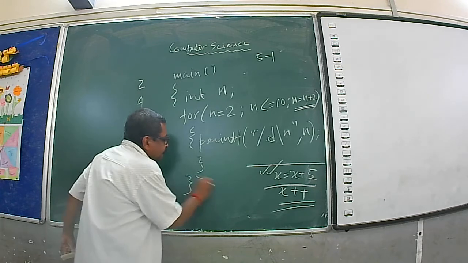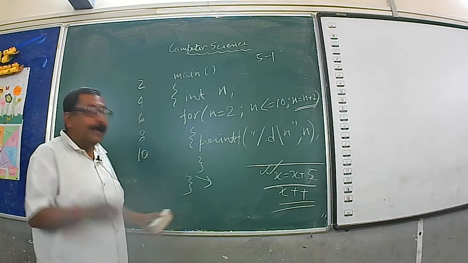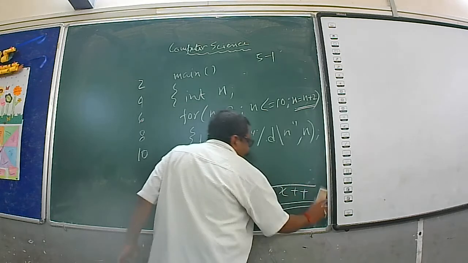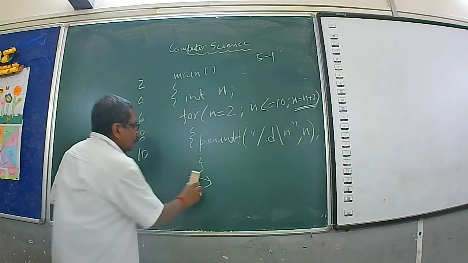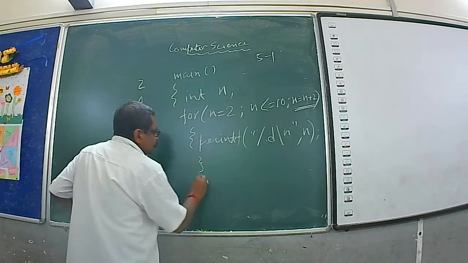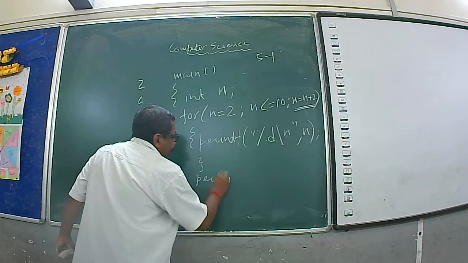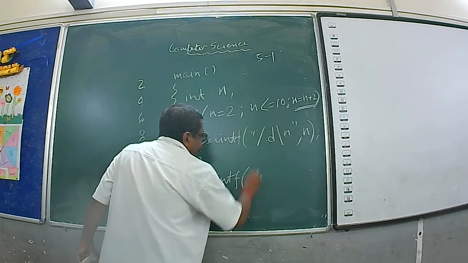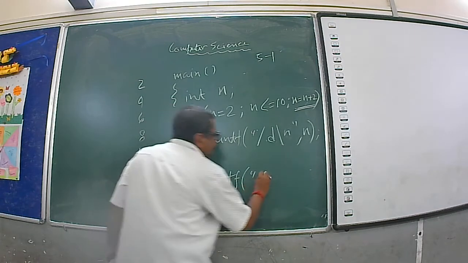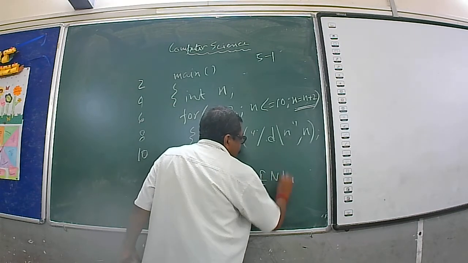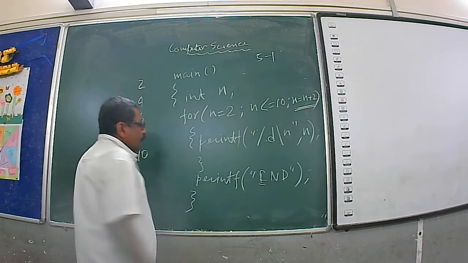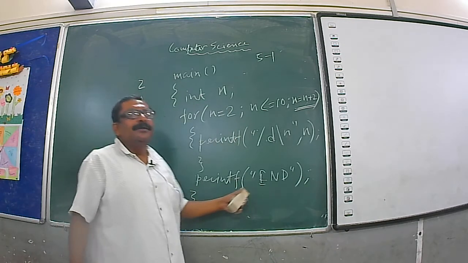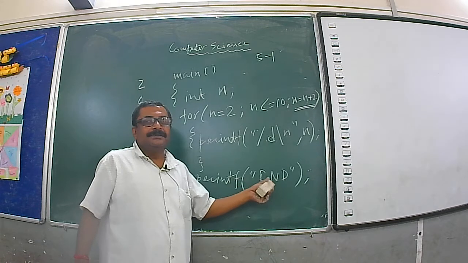Control comes here. How do I know control comes here? That is a simple thing you can do. You can write down one particular statement, printf end.